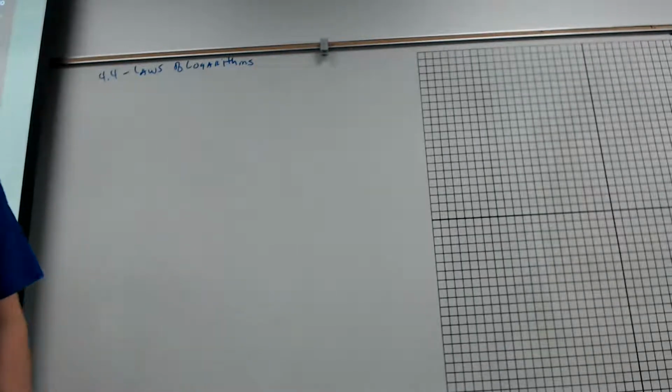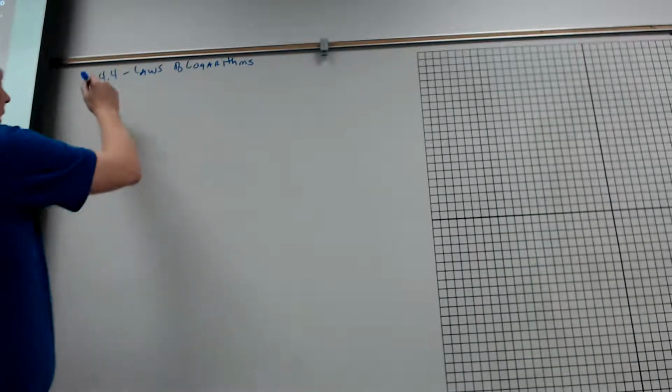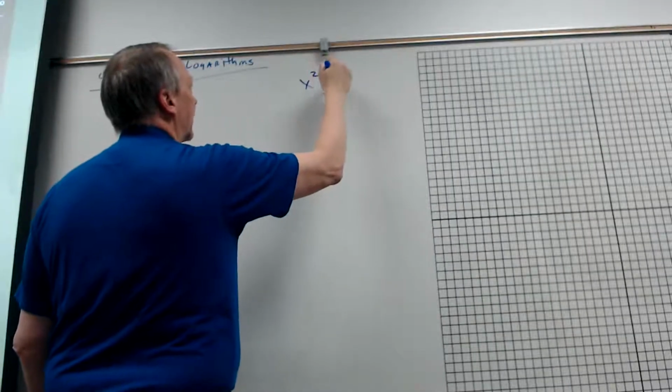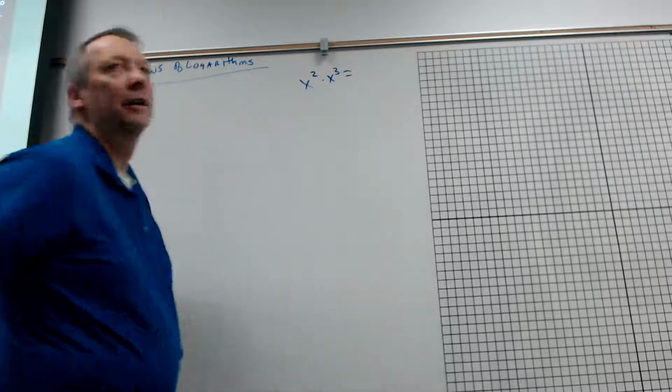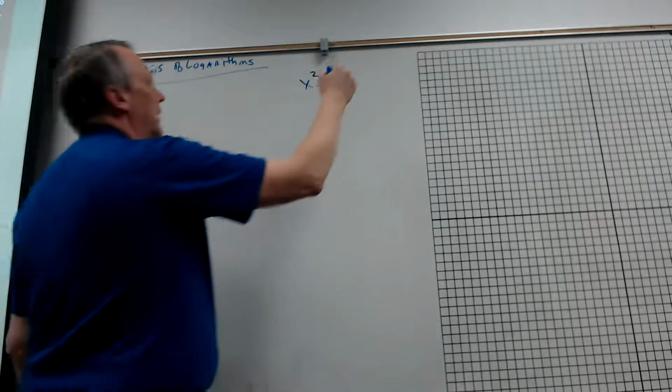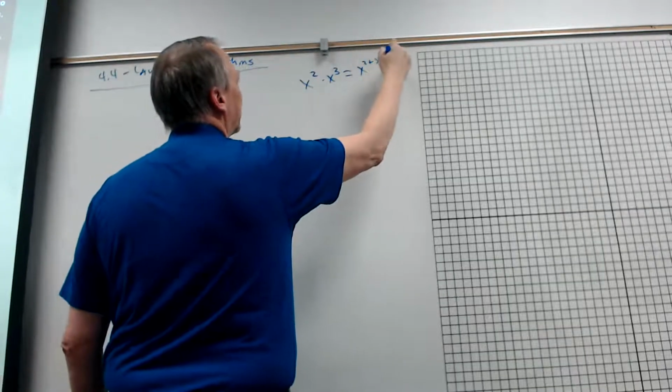Now, let me just say something really quickly here before I give you the laws of logarithms. If I had x squared times x to the third, what do I do with those exponents if I'm simplifying that? Add them, right? So that would be x to 2 plus 3, which would be x to the fifth.